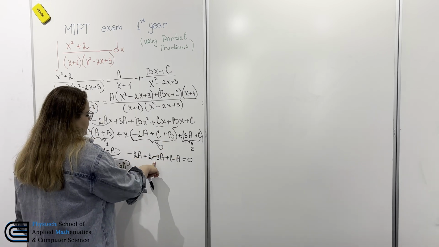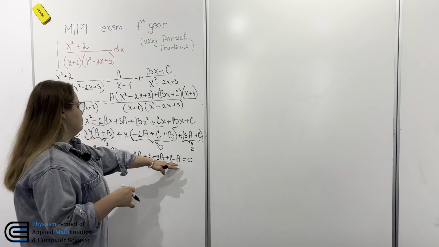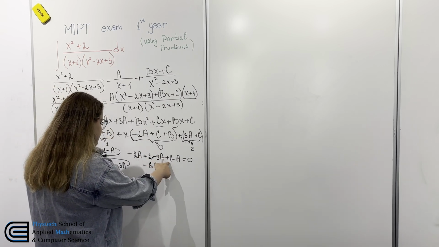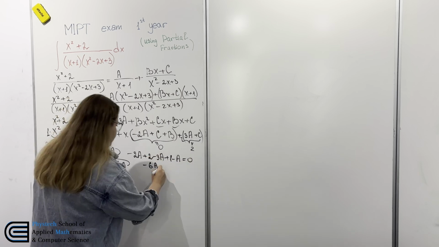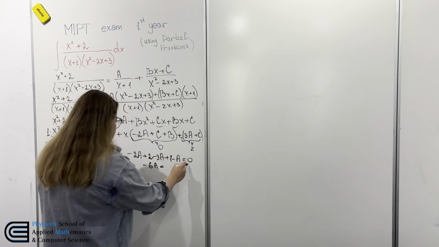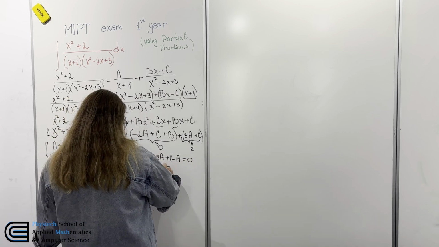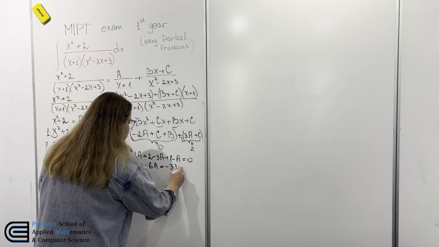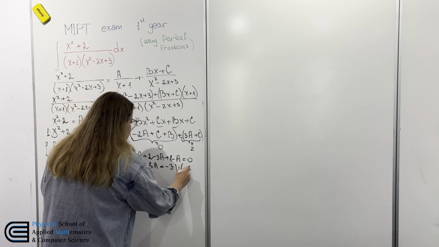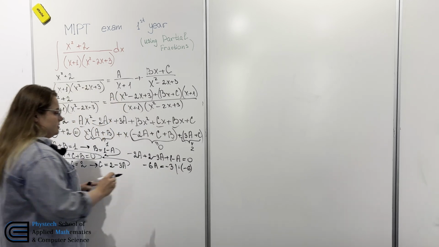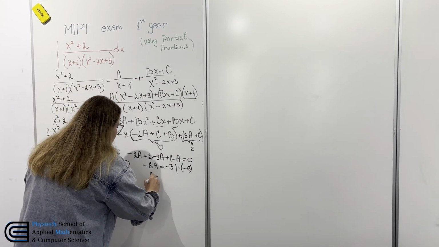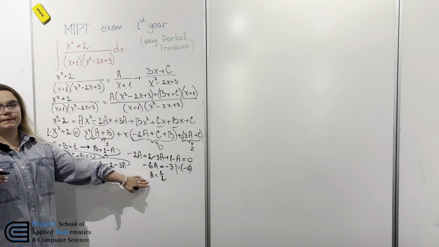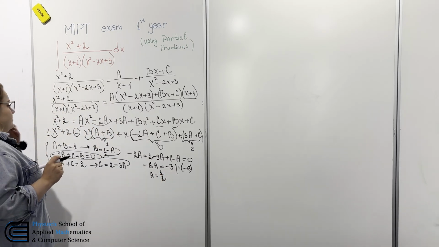Minus 2A minus 3A minus A is minus 6A, 2 plus 1 goes here, so it will be minus 3. We divide this line by minus 6, so A will be equal to 1 divided by 2.